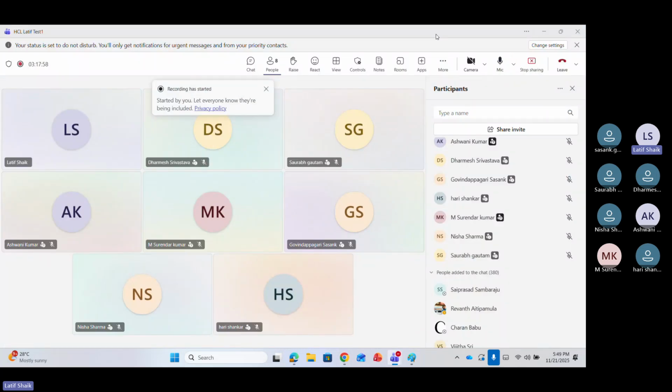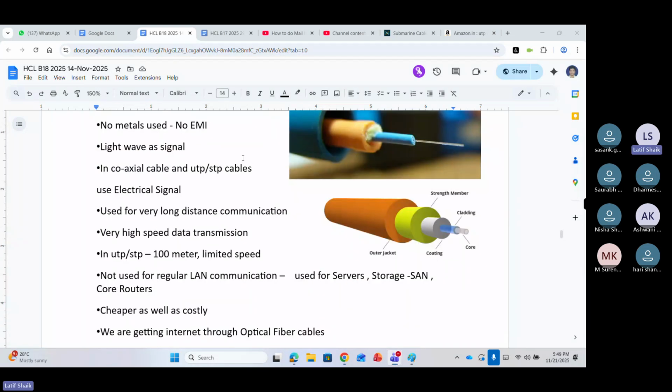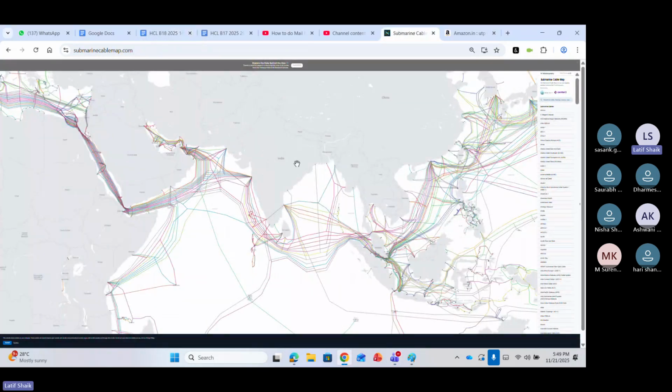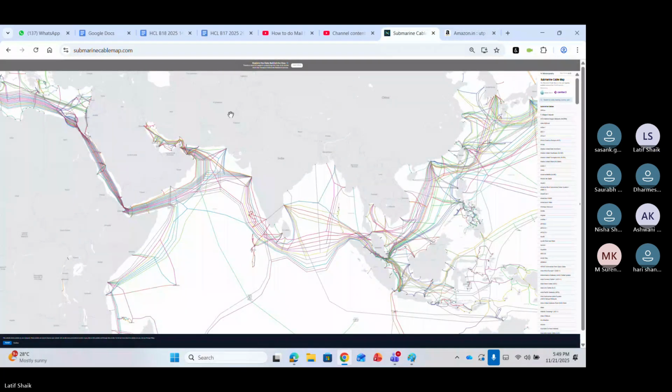Okay. Is this screen visible, or only this one? I don't understand which one you are seeing. Yes, sir, it is visible. Okay, okay.